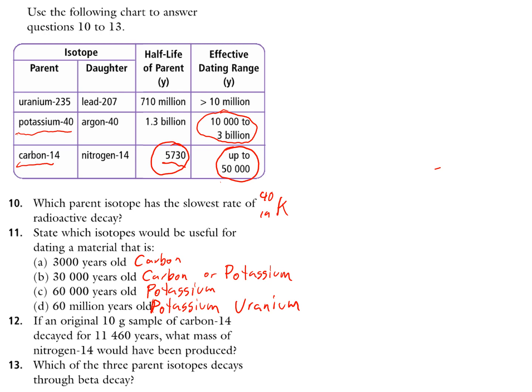If an original 10-gram sample of carbon-14 decayed for 11,460 years, what mass of nitrogen-14 would have been produced? So carbon-14 will turn into nitrogen-14. It's asking me a years question, so what I usually do for these kinds of half-life questions is make that table: my half-life, my time, and my parent.